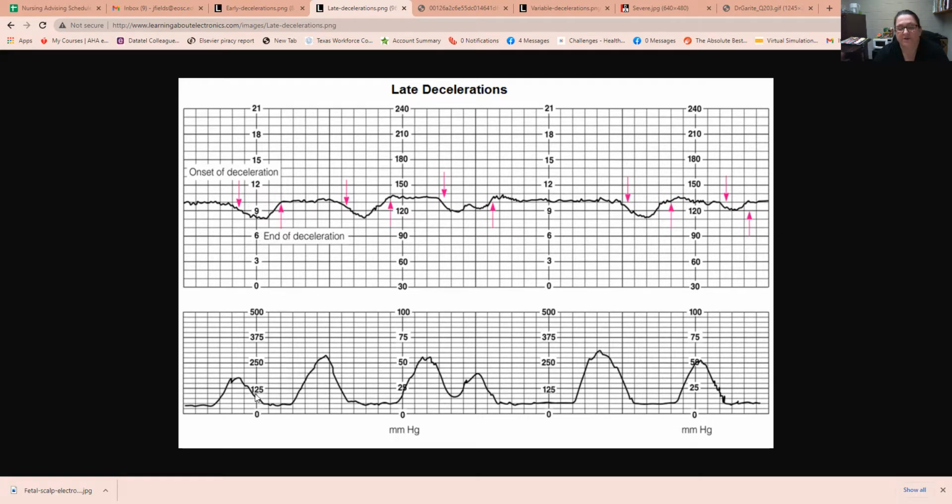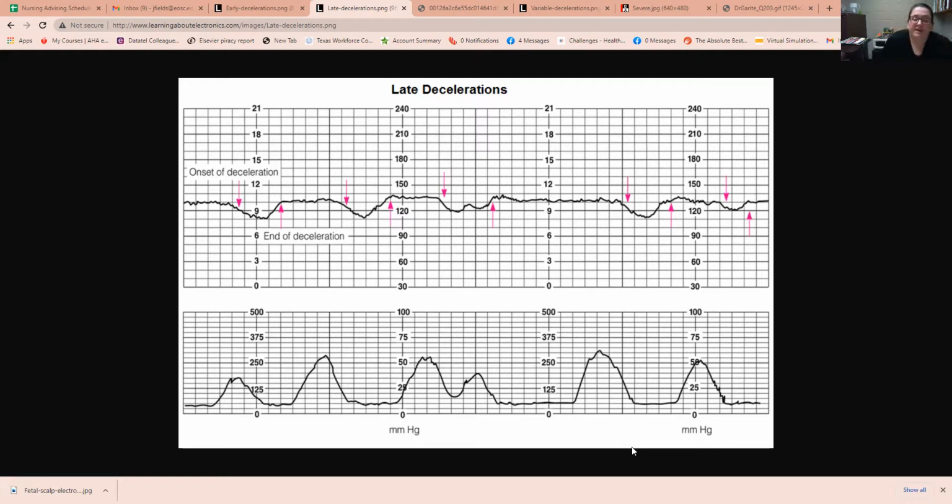So another way to do this: end of the contraction, go straight up, has the decel recovered? And we can see for each of these, it's recovering after the contraction. And it's starting like in the middle of the contraction. If you look at where it's starting, it's not starting at the beginning. That's not always the case, but if the contraction ends and the deceleration hasn't recovered, end of contraction, decel still down, that's a late decel, okay?